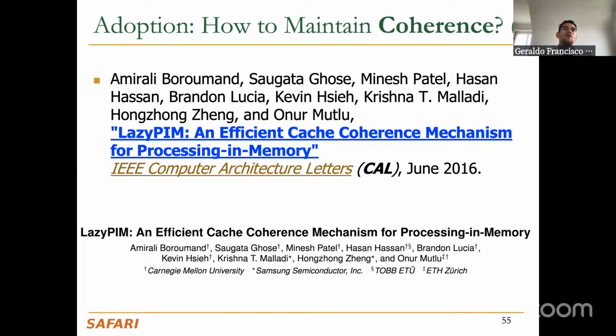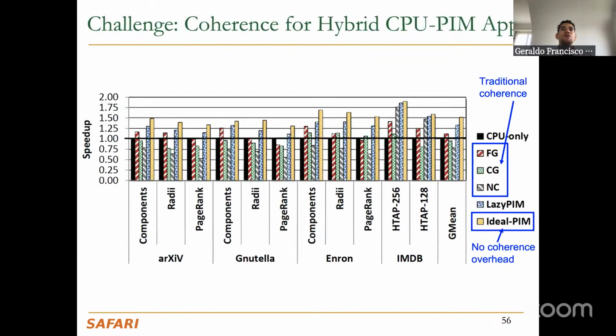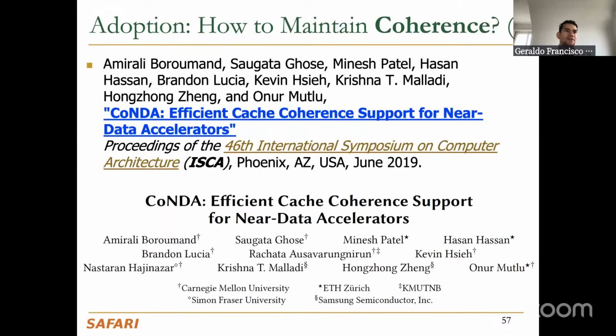How can we enable coherent execution between PIM cores and host CPU cores? We address this in a paper called LazyPIM, where we show that by employing standardized coherence models, we significantly lose performance compared to no coherence. But by applying LazyPIM, we can gain some of that performance back.